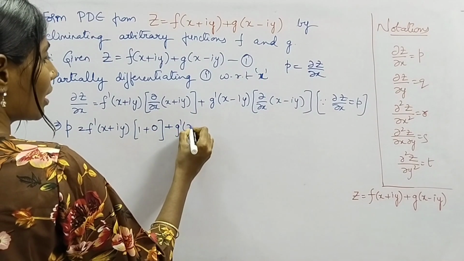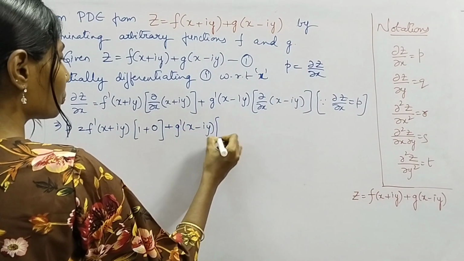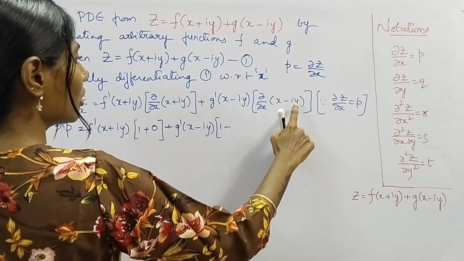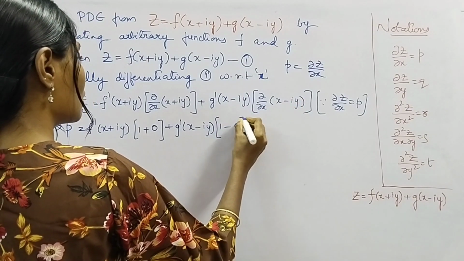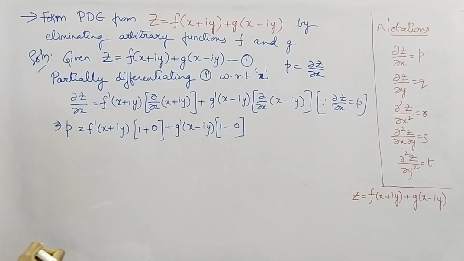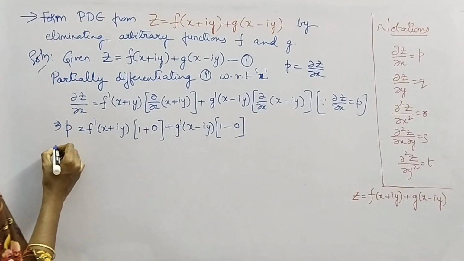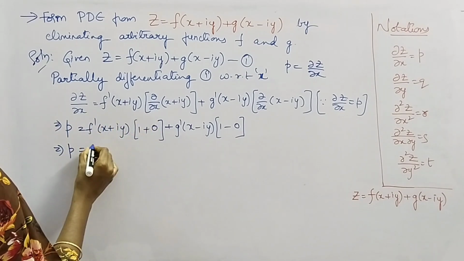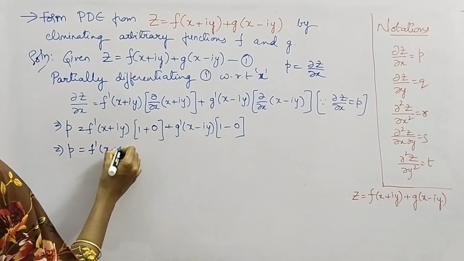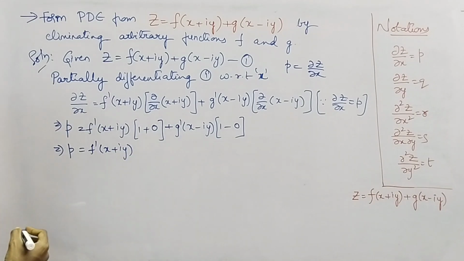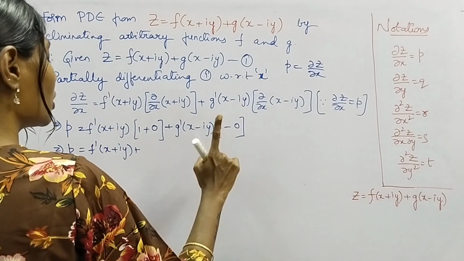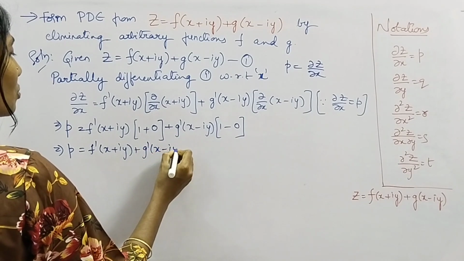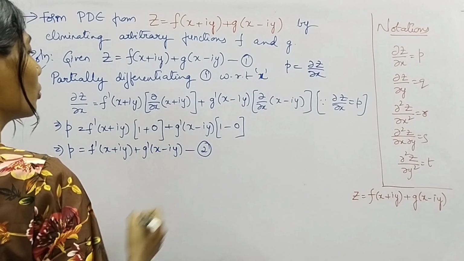Plus g dash of x minus iy into partial derivative of x with respect to x, which is 1, minus partial derivative of iy with respect to x, which is 0, right? This gives us p equal to f dash of x plus iy plus g dash of x minus iy. Consider as equation number 2.